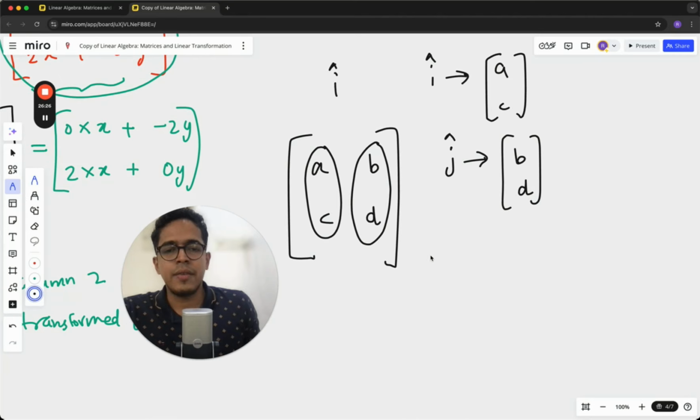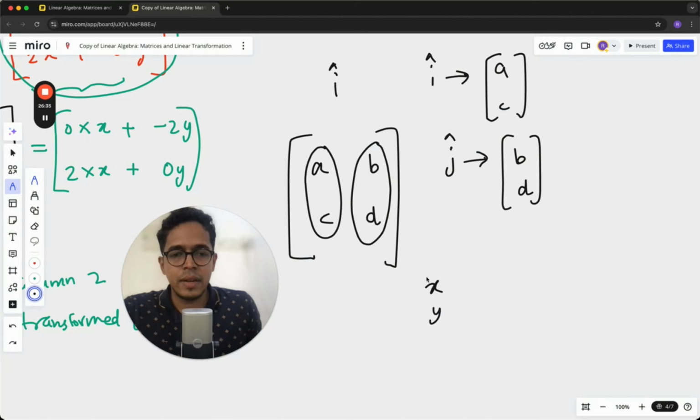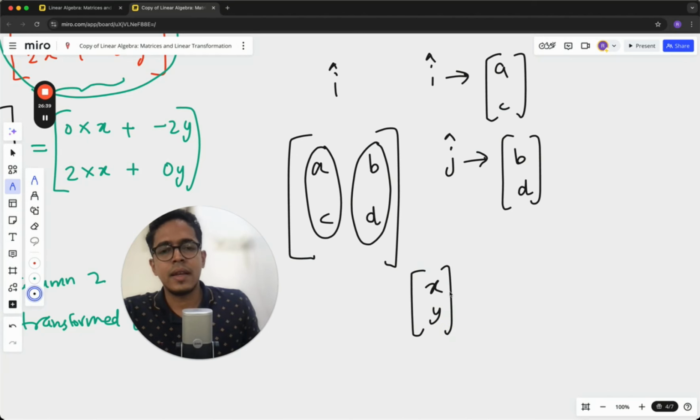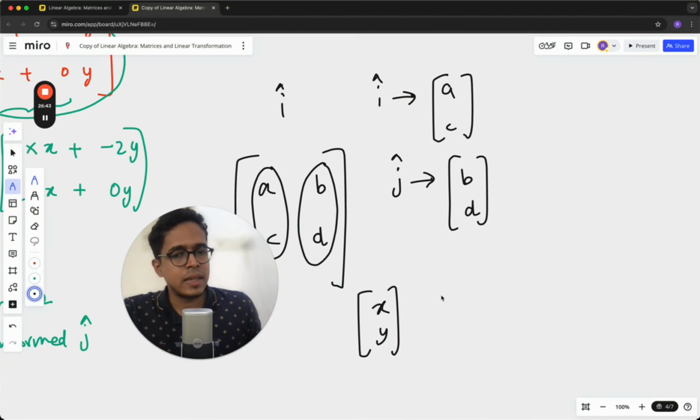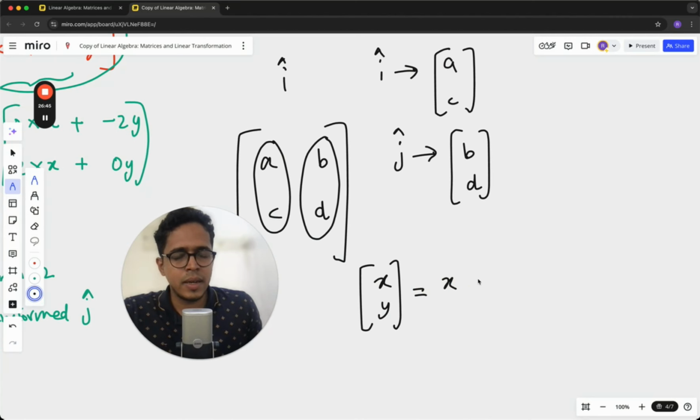So now if we are applying this transformation over any random vector x, y, we can easily calculate where the x, y vector is going to be transformed to without doing any matrix multiplication. Basically, x, y is nothing but x times i plus y times j, and so x and y are the scaling factors.